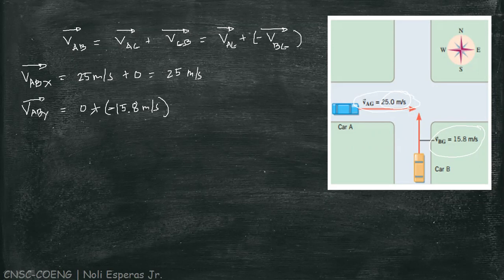So now we already have the x and y component of the velocity of car A with respect to the passenger in car B. We can solve now for this one by doing the Pythagorean theorem.